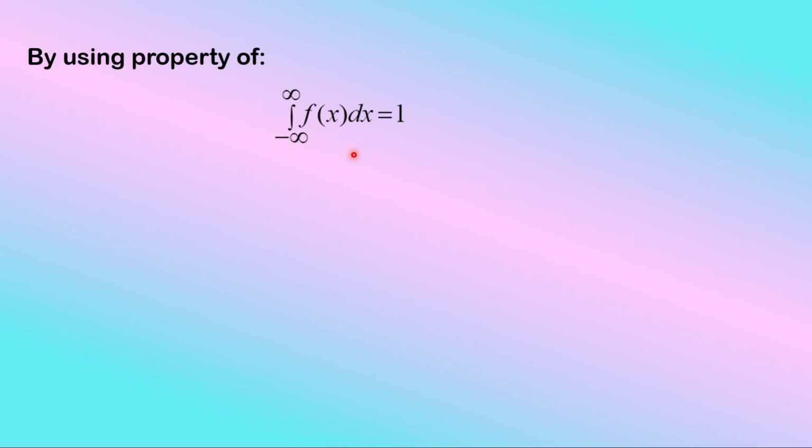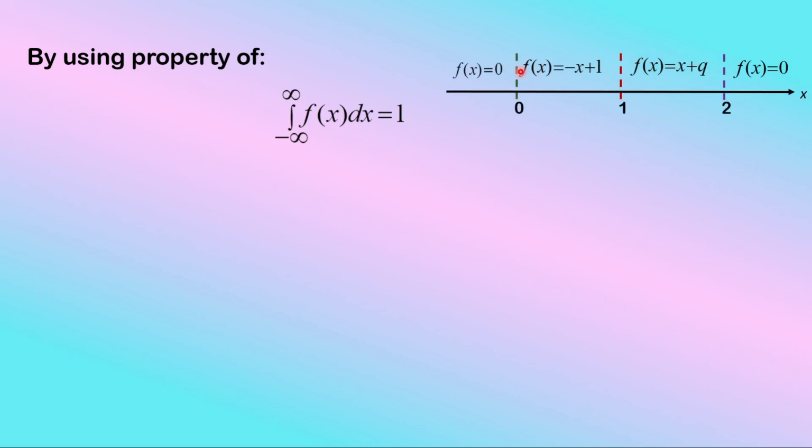Our next goal is to find the constant q. Always use the property of the probability density function to find the constant, which is the integration of f(x) from negative infinity to infinity equals 1. This is the real number line. Okay, before that, we have to replace the constant p that we got from the previous solution. So based on the number line, integrate the probability density function in its intervals.